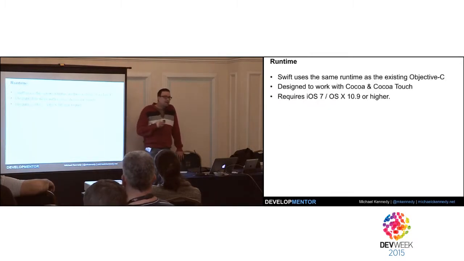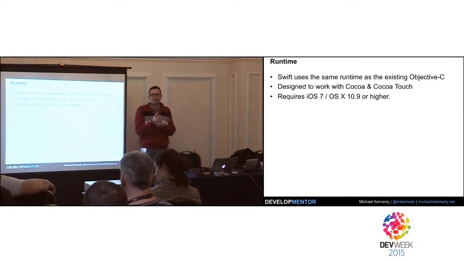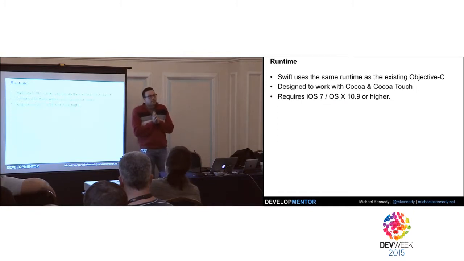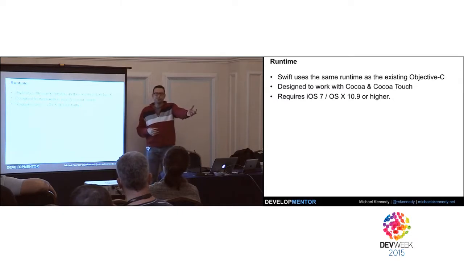One of the interesting choices they made, and it's interesting in both a good and bad way, is that this uses the identical runtime as Objective-C. So what that means is I can write some code in Swift and hand it to somebody who does not necessarily have support for Swift, and it'll just run.